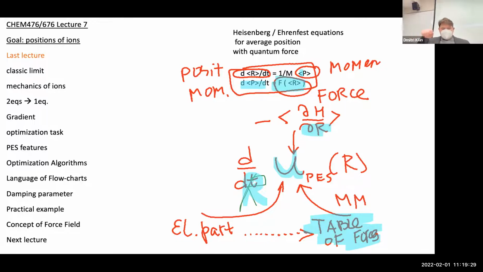Force shows us where atoms need to move. So we change positions of ions according to the direction of the force, and then we recompute an increment in positions. So this increment of positions is fed back into a new point on the potential energy surface, and then the procedure is repeated.